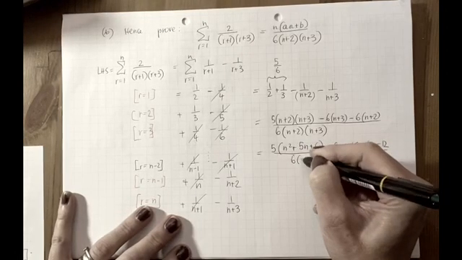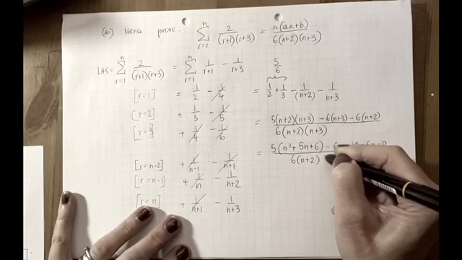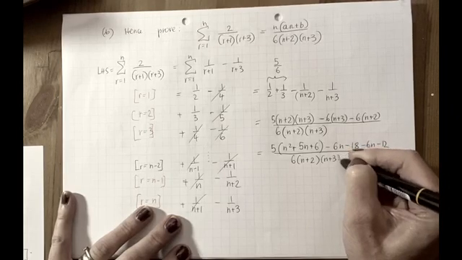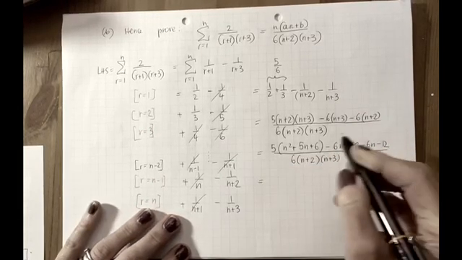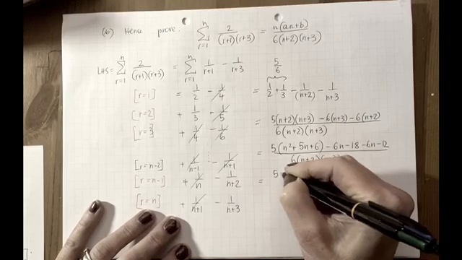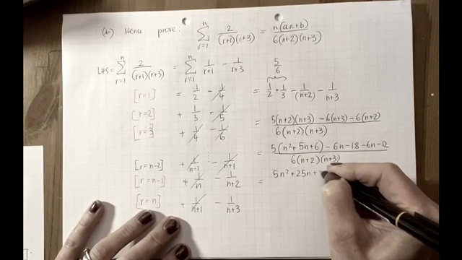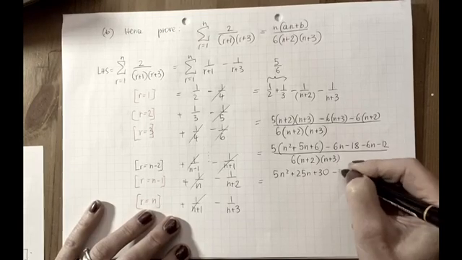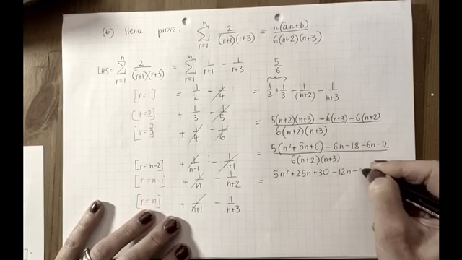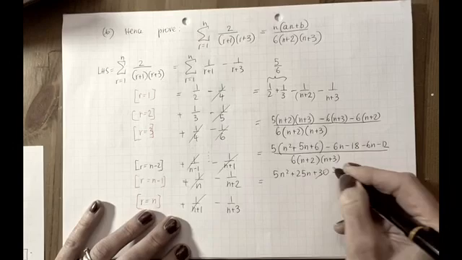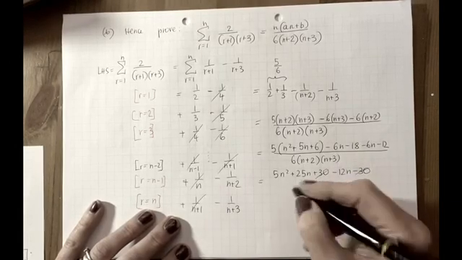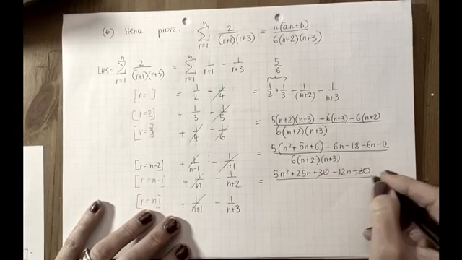Copy the denominator. No shortcuts, you can't just write it without the denominator, you just need to be patient. 5n squared plus 25n plus 30 minus 12n minus 30. So that nicely cancelled. You've got 13n left.